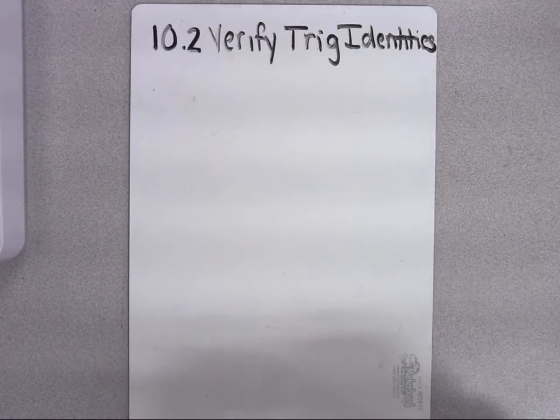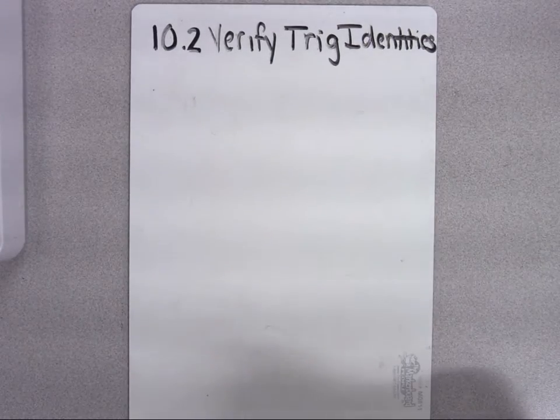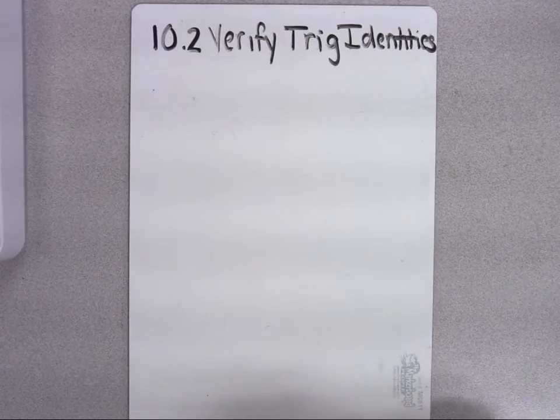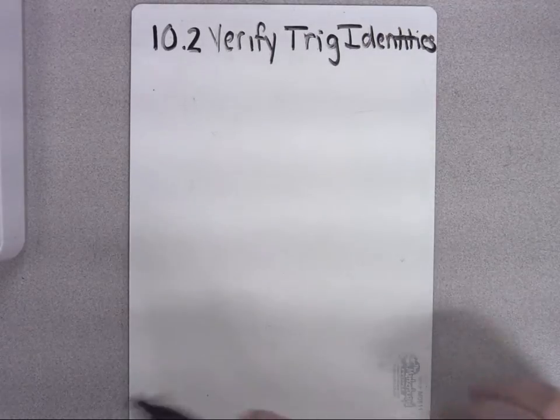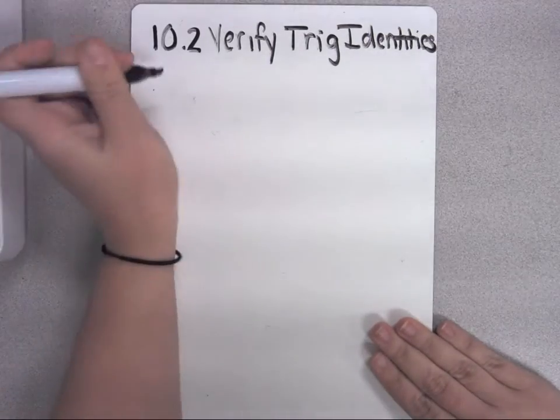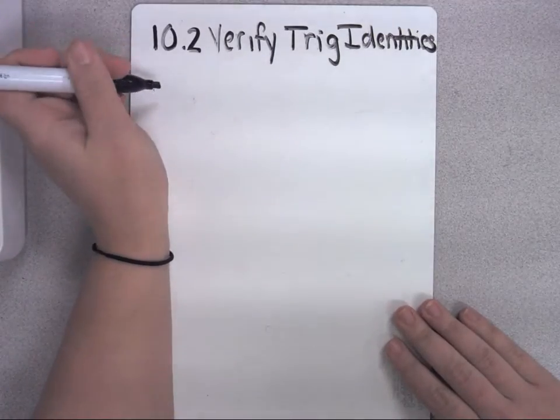It is often easier to work with the more complicated side. Step 2, transform the expression into the form of the simpler side. They mean the same thing. AKA, the hint is, if you have two sides of the equation, usually simplify the more complicated side. That's the big hint for this.